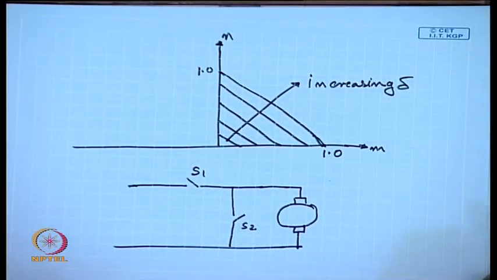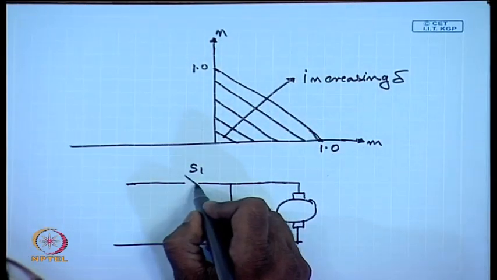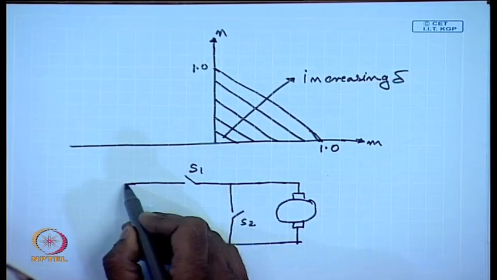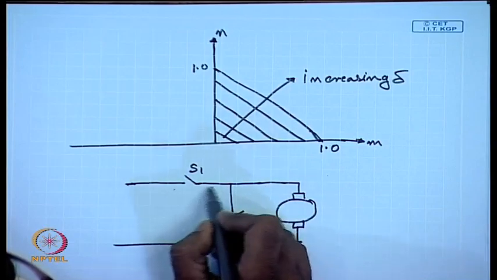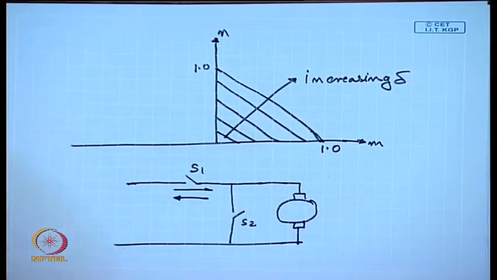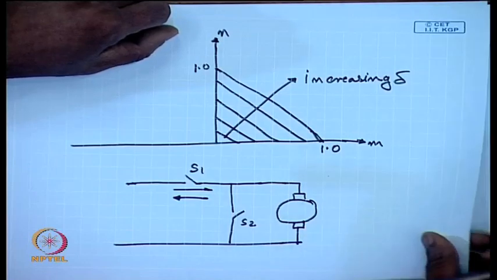Interesting thing to note is that if these switches can allow average current to flow in the reverse direction, that is instead of current flowing in this direction, if it allows in this direction also, then the same circuit can be used for regenerative braking. Reason is very simple.